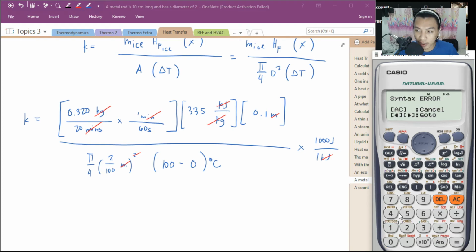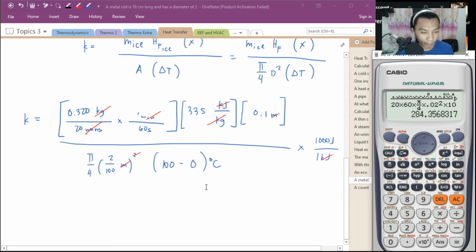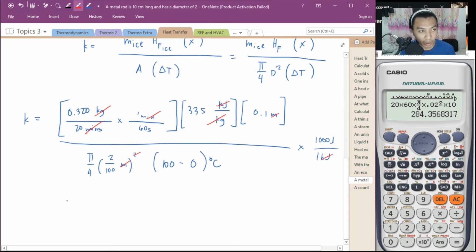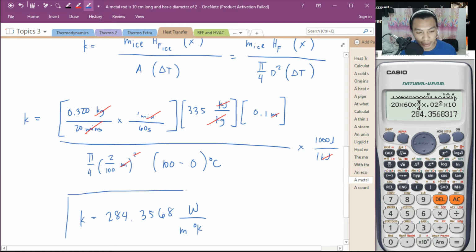What will be the answer? Uy, may mali. Ayun. That is 284. Okay. The conductivity will be K is 284.3568 watt per meter degree Kelvin. Okay. Ganun lang kadali.